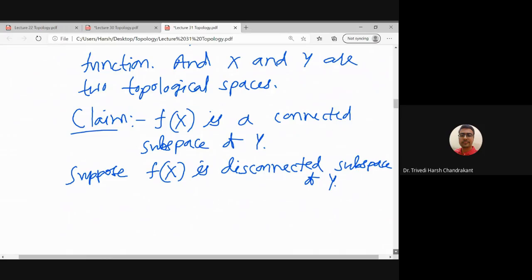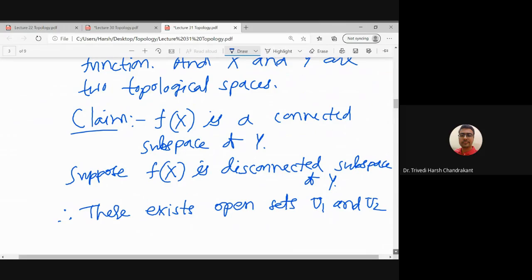Whenever we have a disconnected space, that means we have a separation u1, u2. So here also we are getting a separation, therefore there exist open subsets u1 and u2 of f(X).